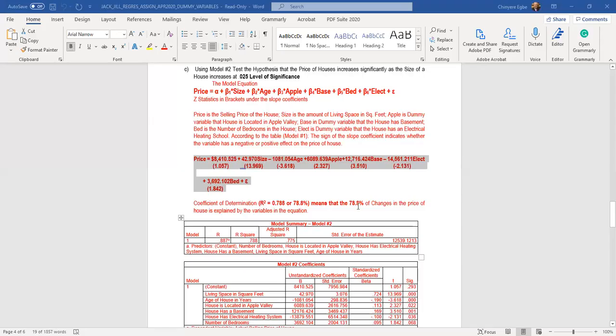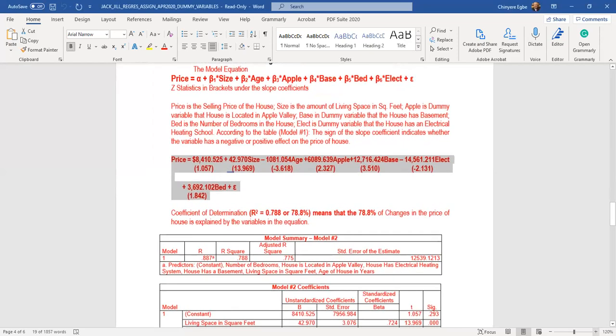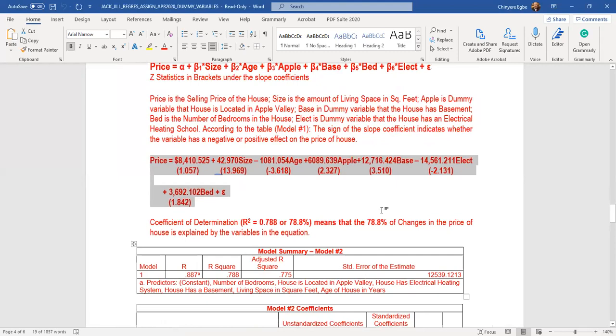Okay, let's see how we're going to do that illustration. Okay, are you seeing my screen? Yes. Okay. You said that basement is 0. Is that correct? Yeah.